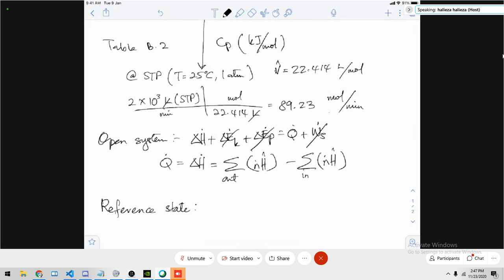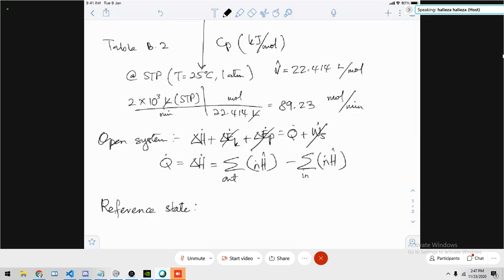If you look at your textbook, Example 3835, the reference state is methane and A. That's the same thing. I'm going to use the same reference state as the textbook.